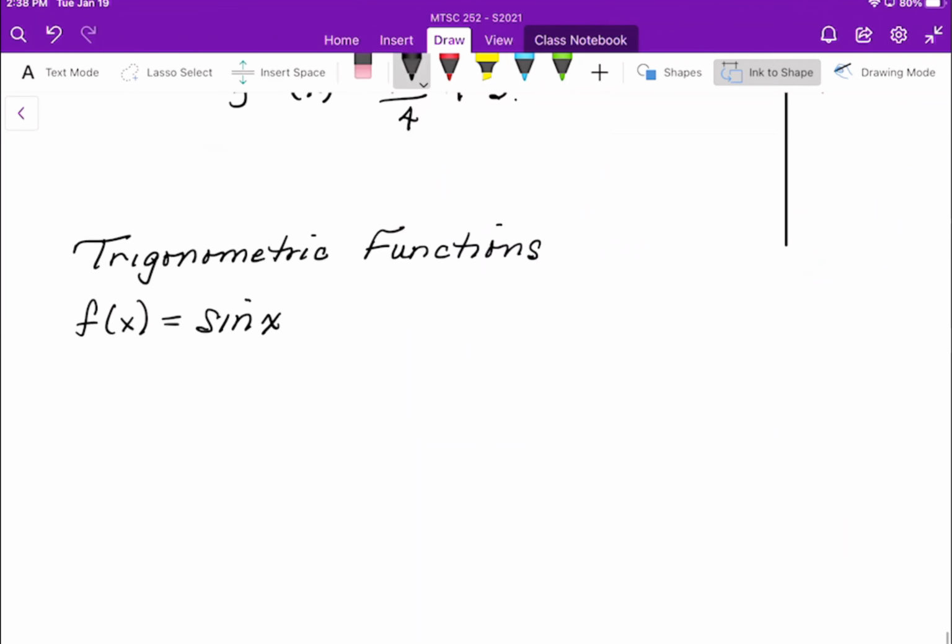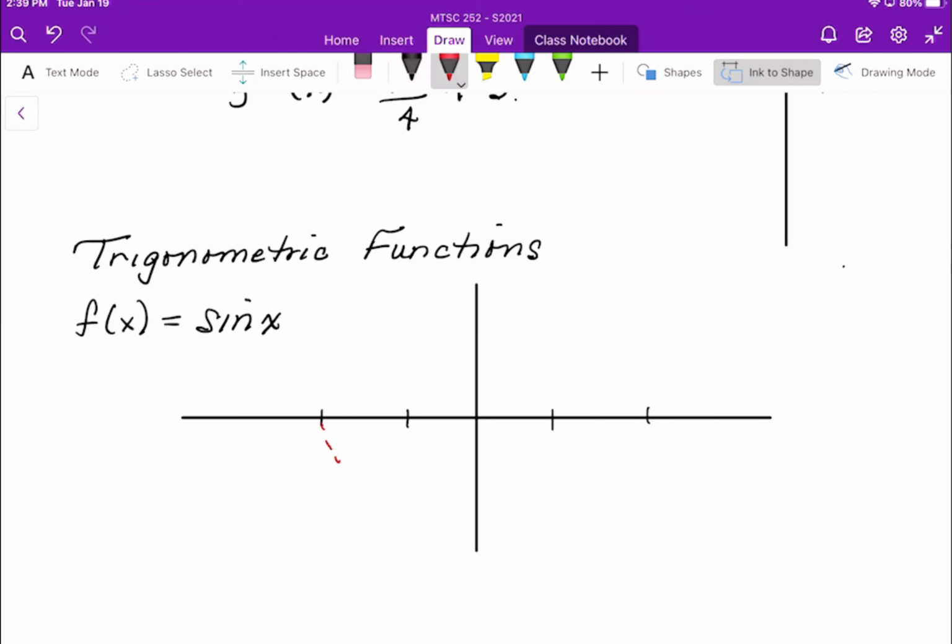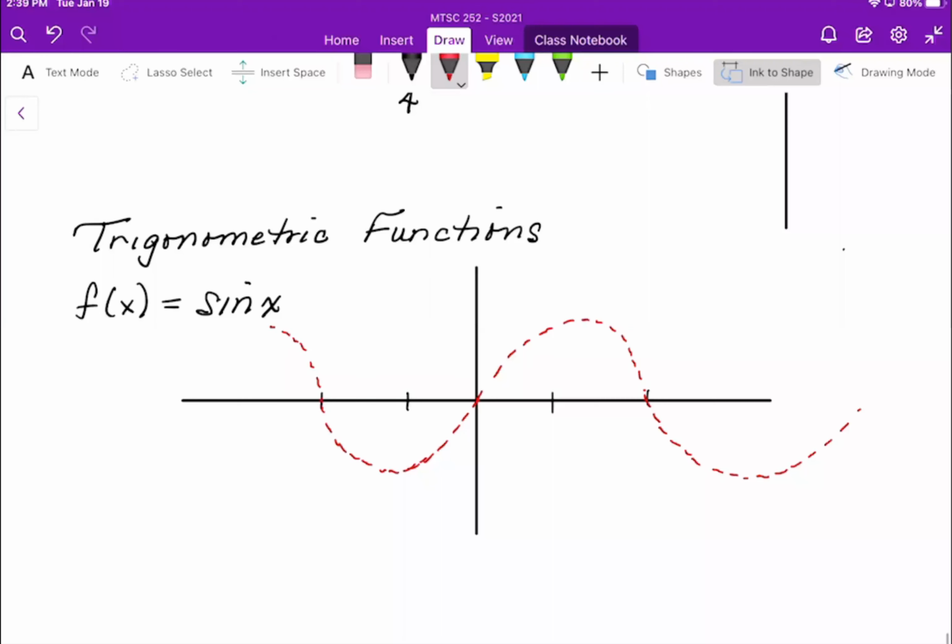So we know the sine function. So here's the sine function, sine of x.